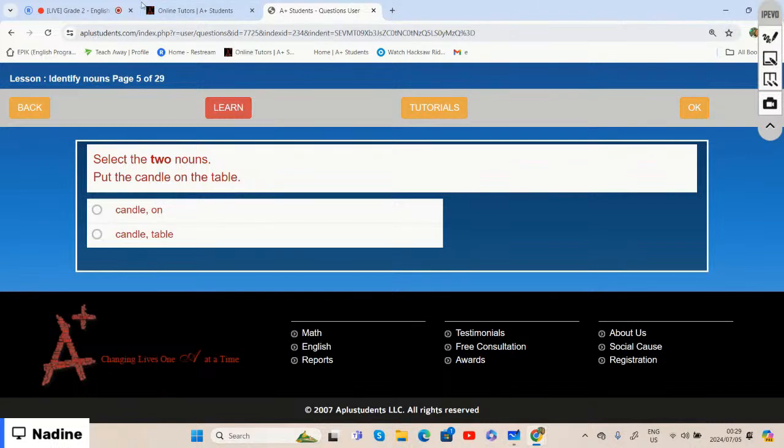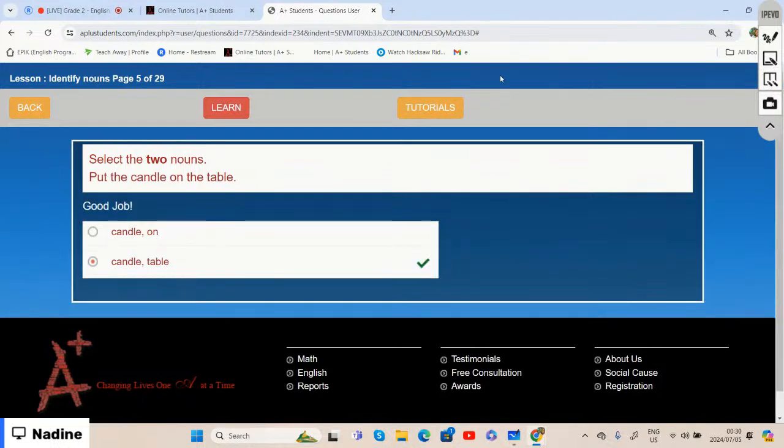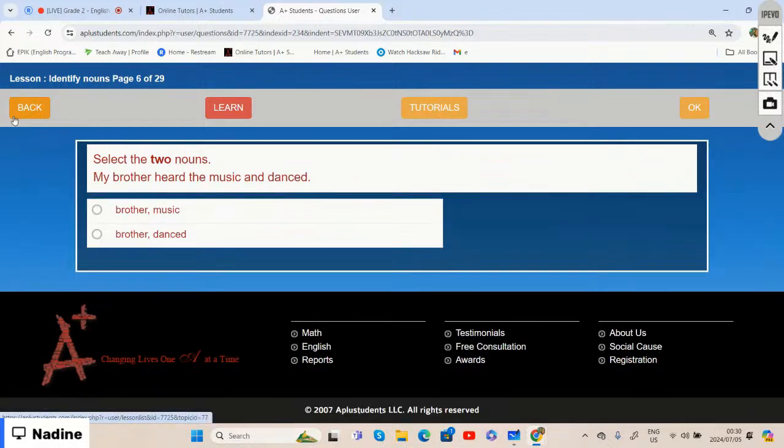All right, and if we choose the correct one, then yes, we will choose candle and table. So well done. That is our two nouns that we have identified or selected within that sentence.